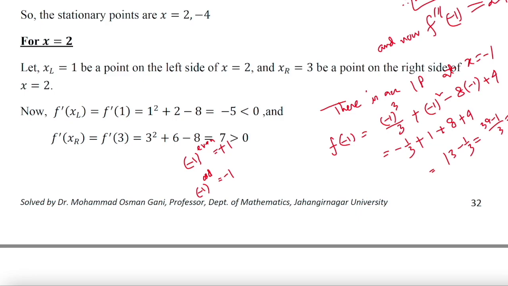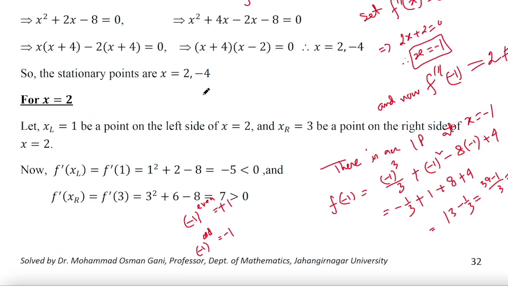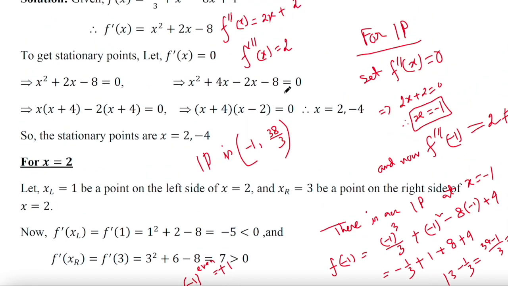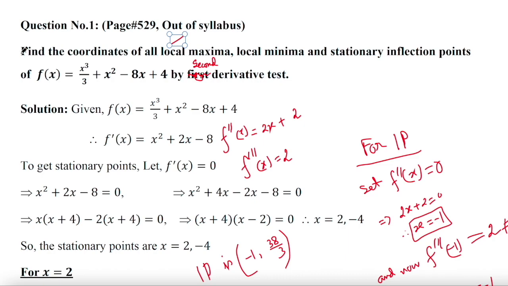So the coordinate of the inflection point is x coordinate -1 and y coordinate 38 by 3. So the problem is now solved, but if your question does not tell you to calculate IP, then we don't need to calculate IP.